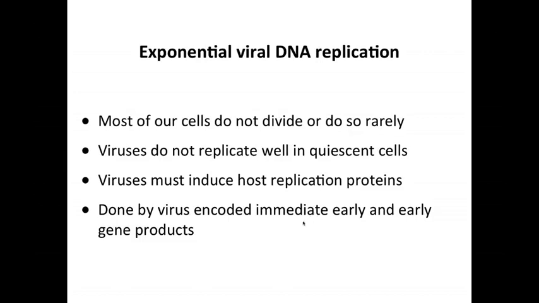And they do it by gene products that they encode. Here they're called immediate early or early gene products to show that they're made very early on after the virus gets in the cell, because one of the important things that has to happen is the virus has to replicate its genome, so the cell has to be set up for that. So very early on, synthesized viral proteins kick the cells into mitosis.